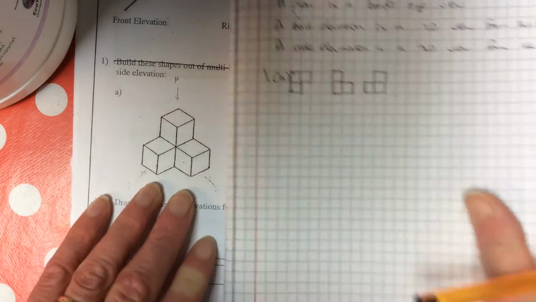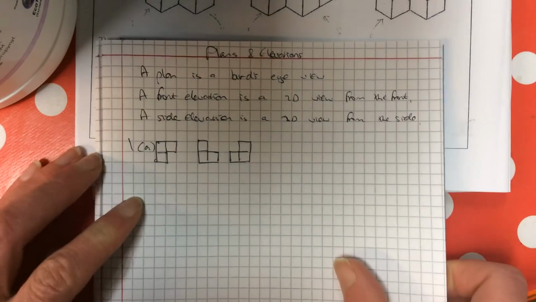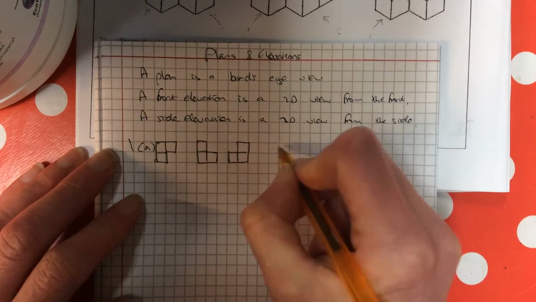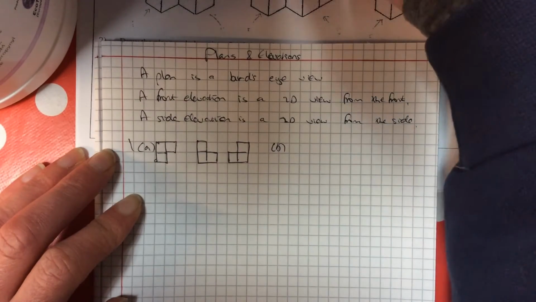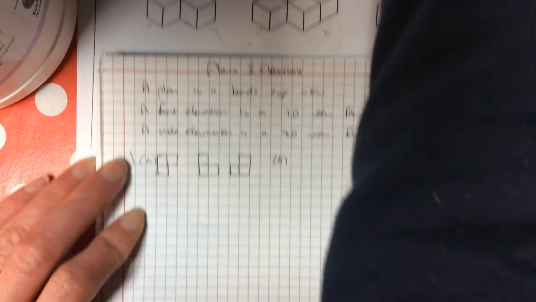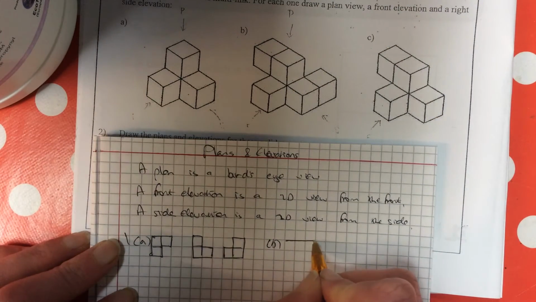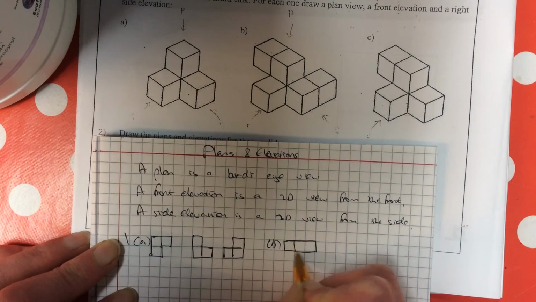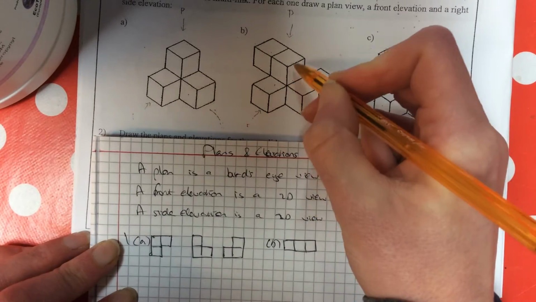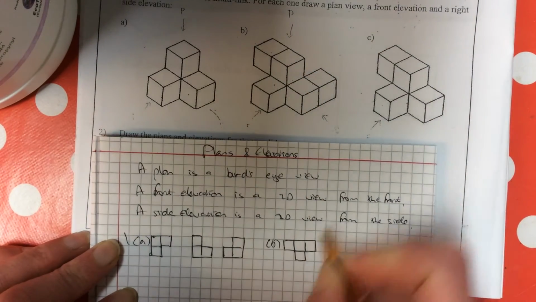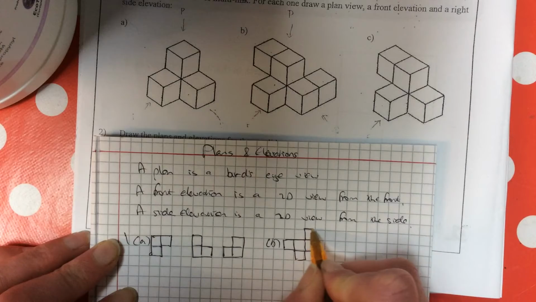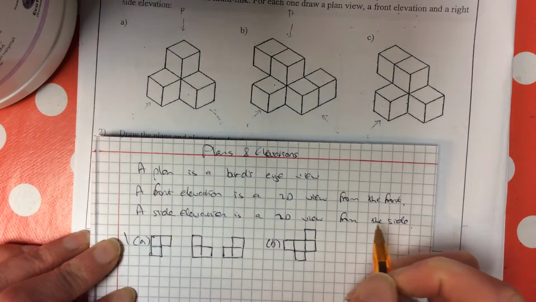Okay, number 2, or part B. Goodness, it's much harder, isn't it? So part B, if you're looking at a plan going straight down, I see 3 in the middle. So 3 in the middle, we'll start with that. Then I see 1 here, and then 1 here. Quite hard to see sometimes.